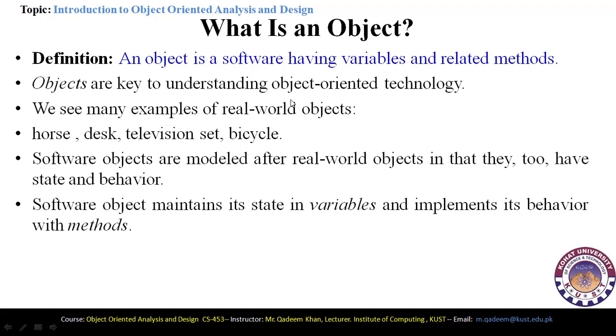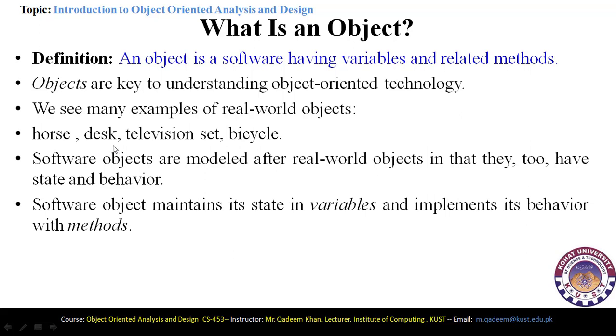In any object-oriented technology, for example Java, C++, or C#.NET, the objects are the key for understanding these object-oriented technologies. In daily life, we see different types of objects around us. For example, horse is an object because horse can run and horse has the color.